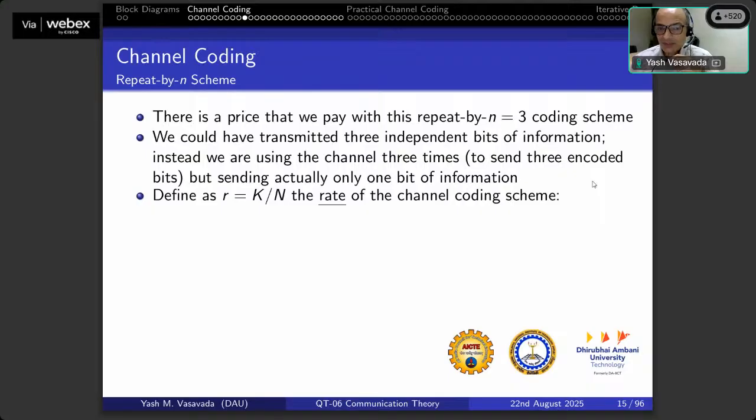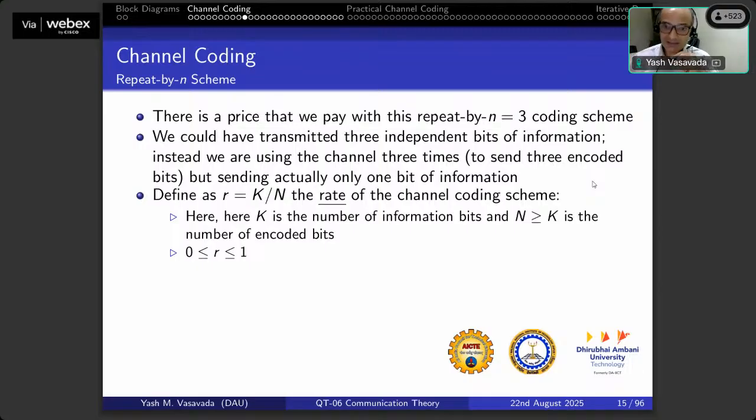And so that is why this rate of the channel code is important. How many information bits you are transmitting, which is K, versus how many bits that you are actually encoding that data with, that is N.